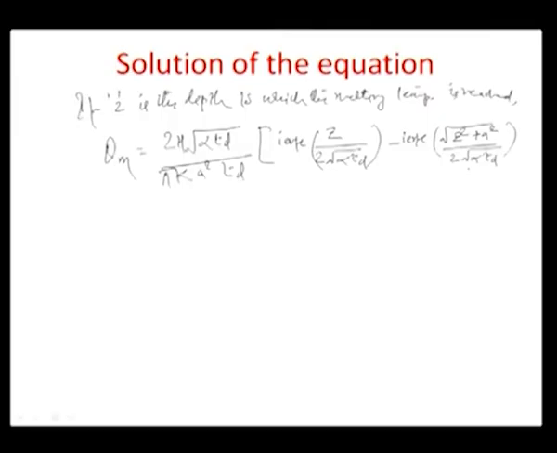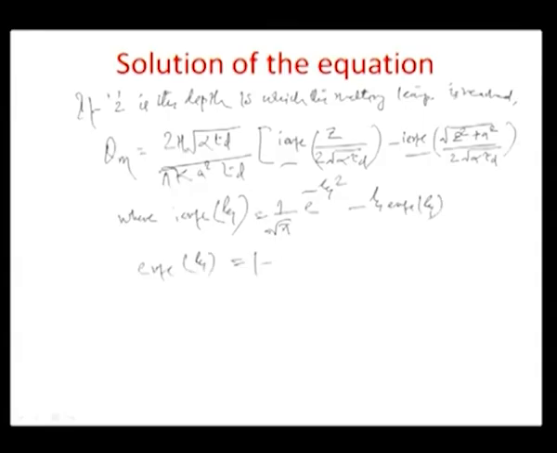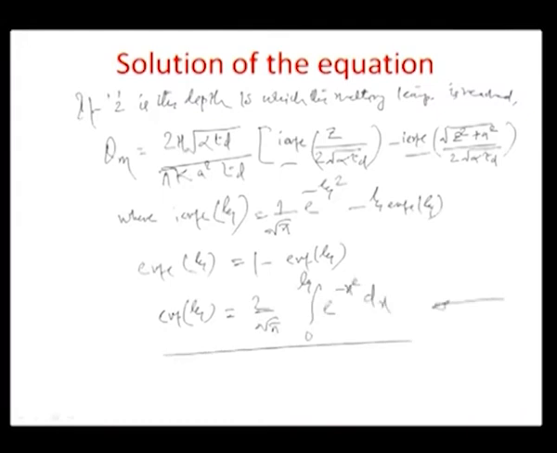And the way that this error function of the third kind is defined is that this IERFC of the variable zeta is defined as 1 by root pi e to the power of minus zeta square minus zeta ERFC zeta, where ERFC again is the second error function defined as 1 minus ERF zeta, and ERF zeta, as we all know, is the numerical integral 2 by root pi, 0 to zeta, e to the power of minus x square dx.